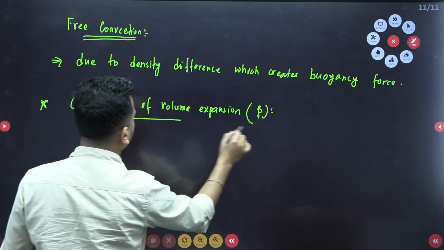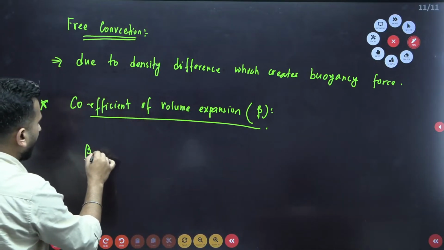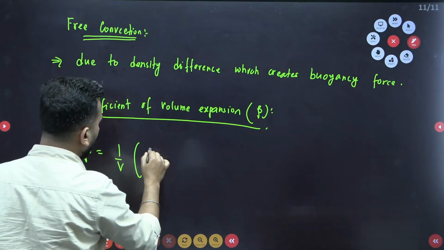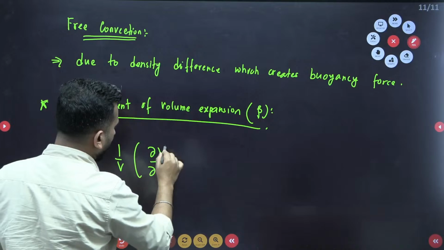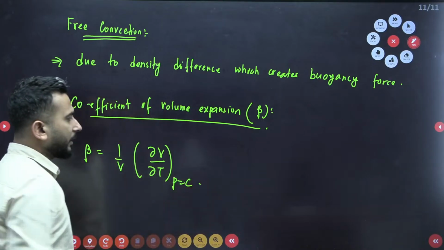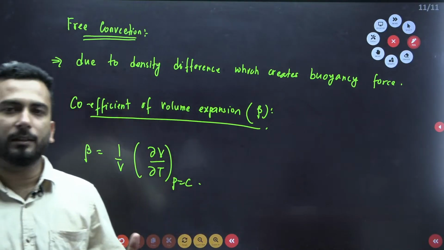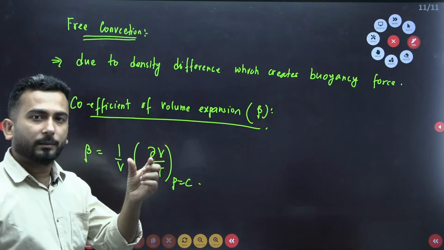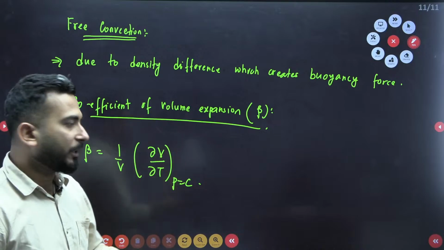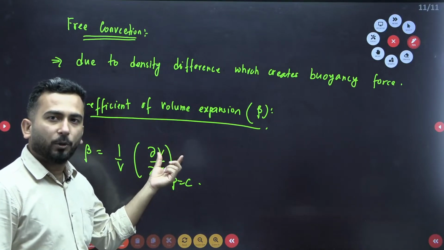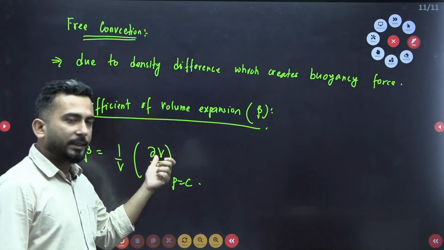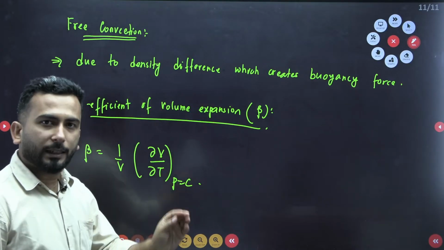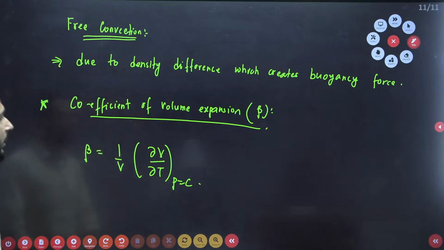What is beta? Beta is the change in volume with respect to temperature at constant pressure. Suppose you are heating air or a fluid; there will be a change in volume. The change in volume with respect to temperature at constant pressure is known as the coefficient of volume expansion.